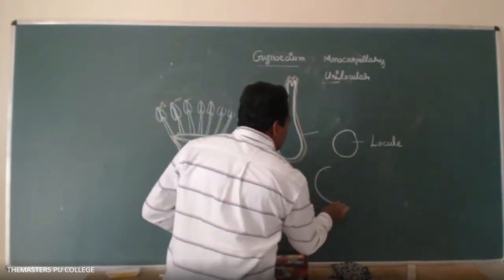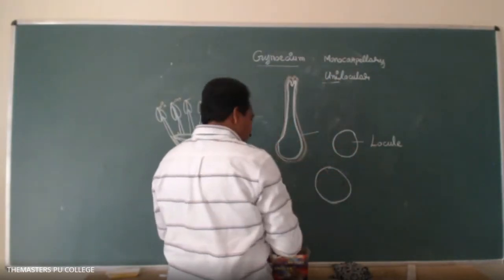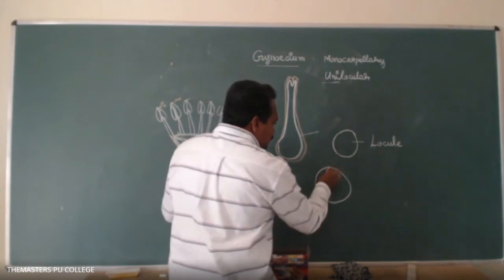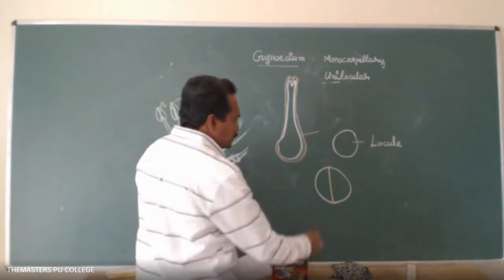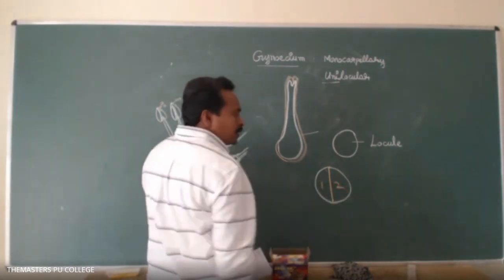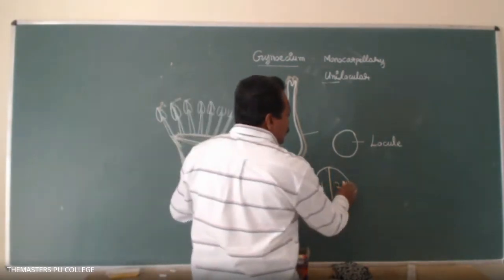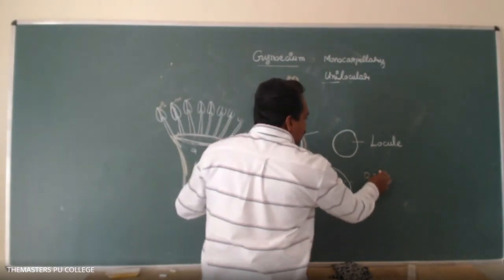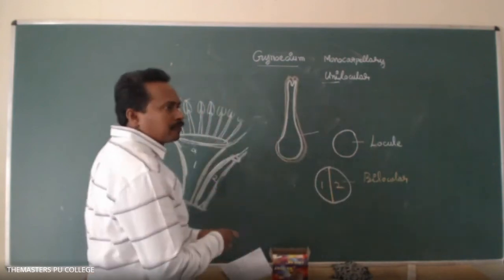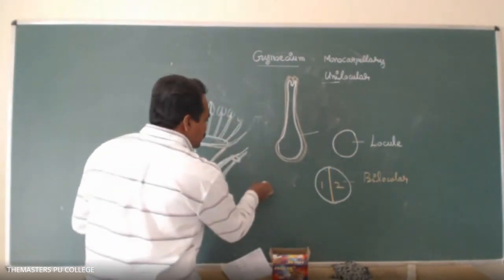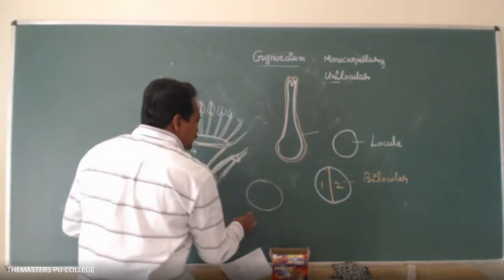Suppose in some plants' flowers there are two chambers, two locules in the ovary: that is bilocular. In some plant species, it is trilocular.